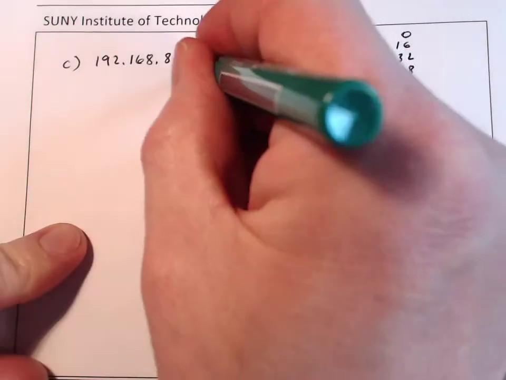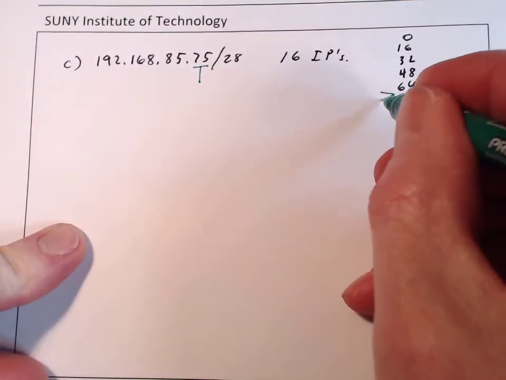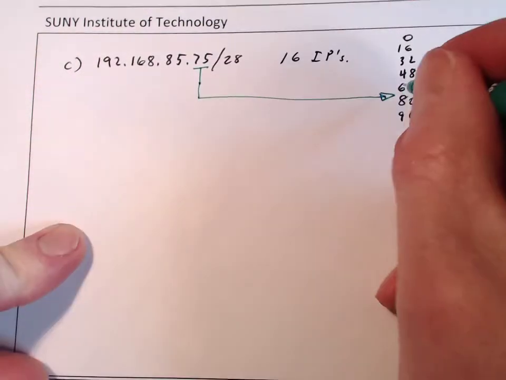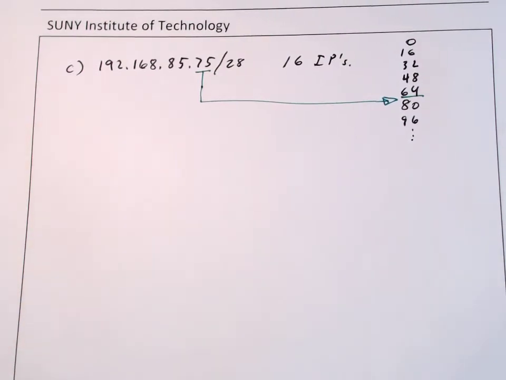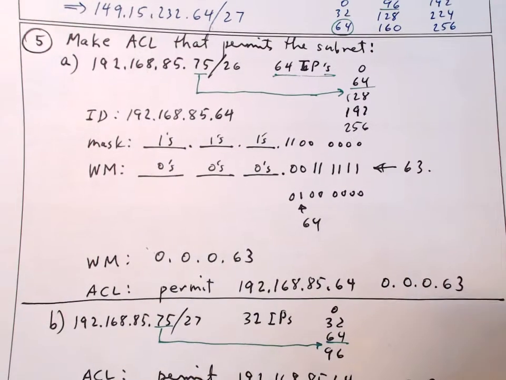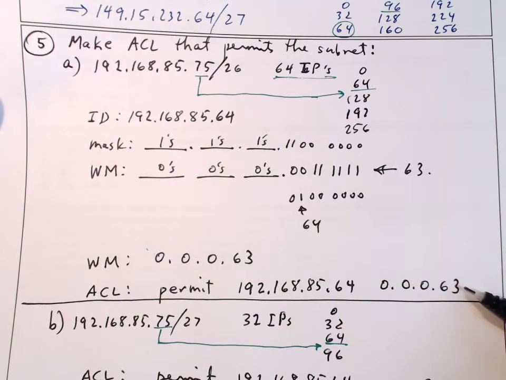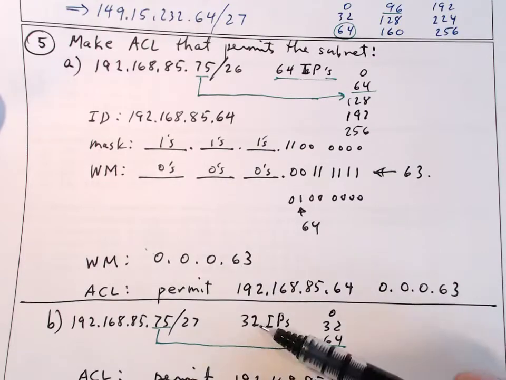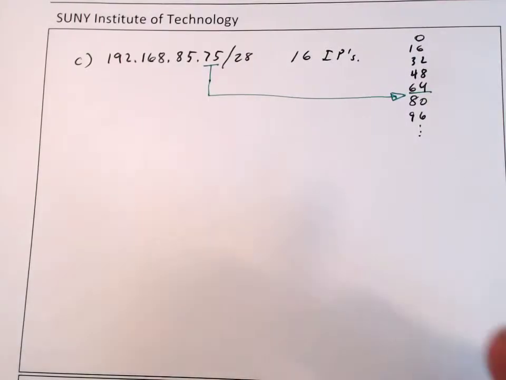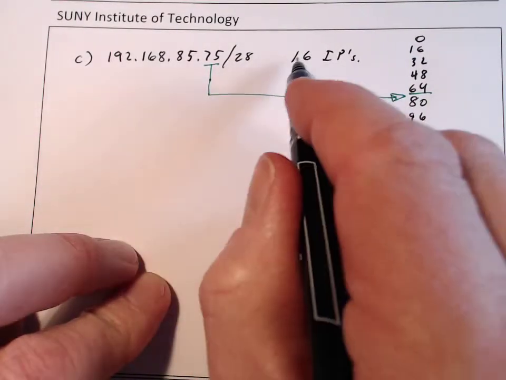Our 75 lies in between 64 and 80. Therefore, it's the 64 address again. And instead of being a .63 at the end for a subnet of size 64, or a .31 for a subnet of size 32, it's going to be a .15 for a subnet of size 16.